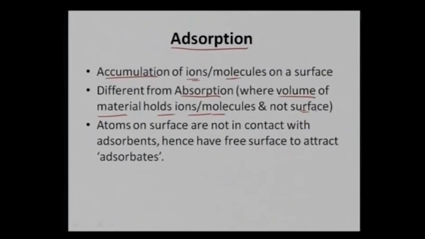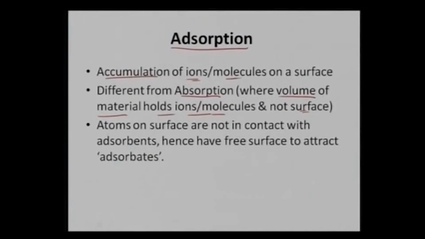Once any surface is exposed to an environment, it is the surface which comes in contact first, and once the surface reaction has occurred, only then can it go on further to the bulk, or the volume of that material can take part in dictating the subsequent phenomena. Again, in adsorption, atoms on the surface are not in contact with the adsorbent.